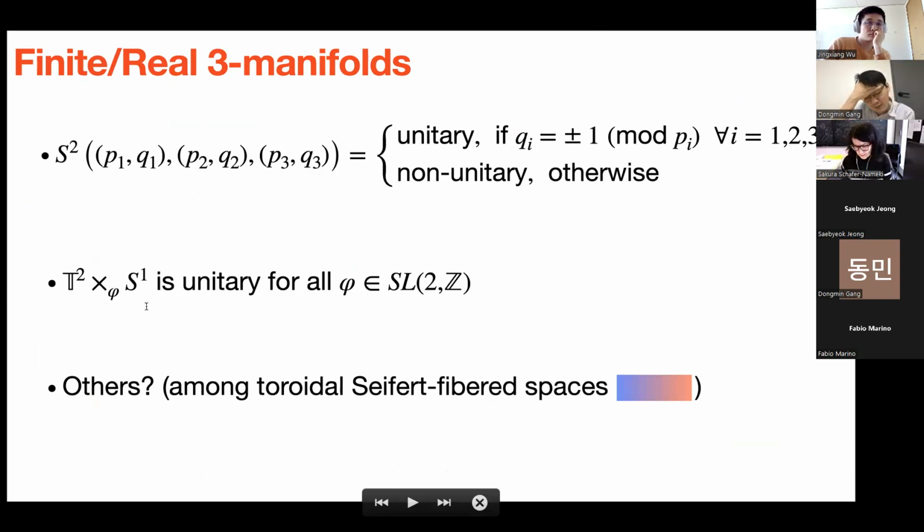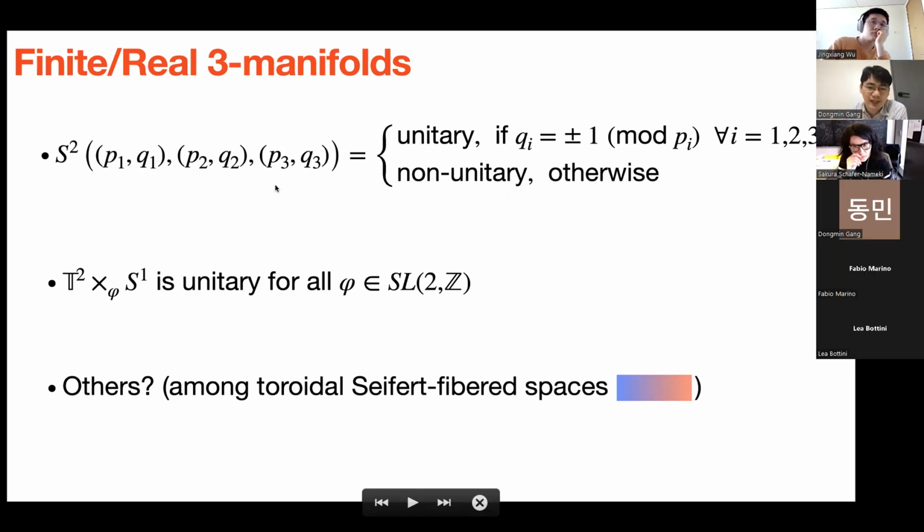I also expect there are more classes of this type of manifold, and we can generalize to higher rank or other ADE types. Interestingly, in this way we can also construct non-unitary TQFTs, and I wonder if there is some classification of non-unitary TQFTs, and how our construction is helpful to classify them.